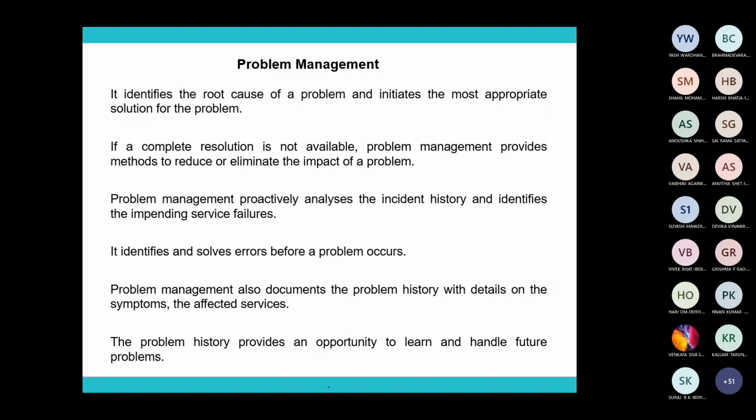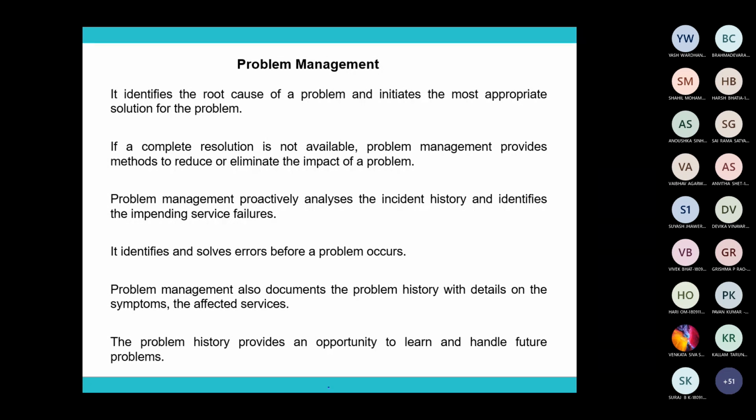So problem management identifies the root cause of the problem and initiates the most appropriate solution for the problem. In the case of incident management, what you have seen is that it tries to find the reason for a particular fault, and at the same time provides a temporary solution.